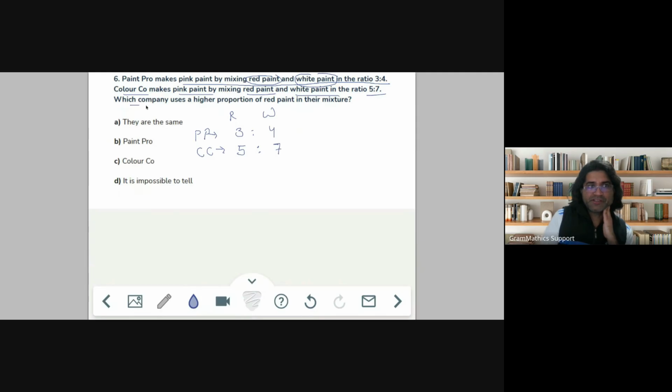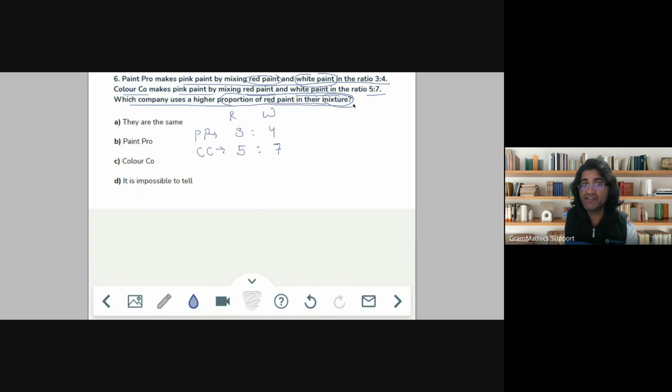It says which company is using higher proportion of red in their mixture. So higher proportion of red. Very important that you see that red and white are two different colors. So the proportion of red in the mixture, it is talking about red in the mixture.